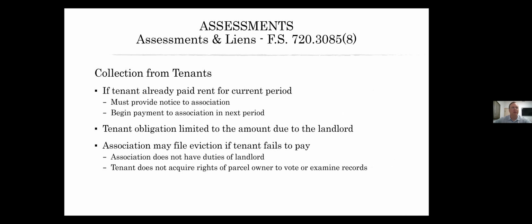Associations can file the eviction if the tenant fails to pay. The association, though, doesn't have to do anything that a landlord would do. Like if the dishwasher stops working, the association has no responsibility there. It's just that if the tenant refuses to pay the rent to the association, then you can evict them.